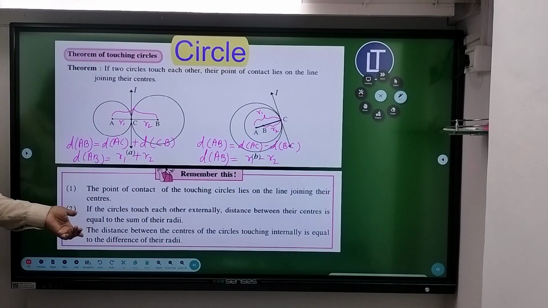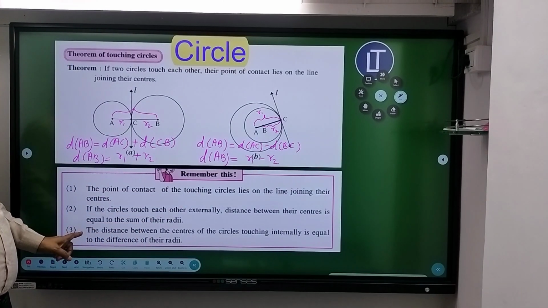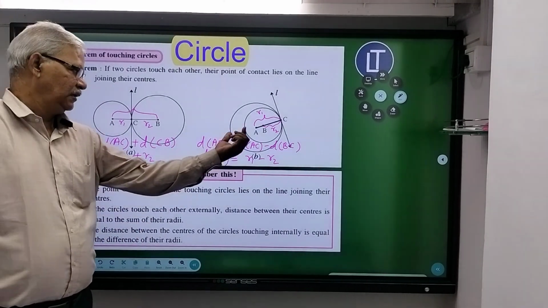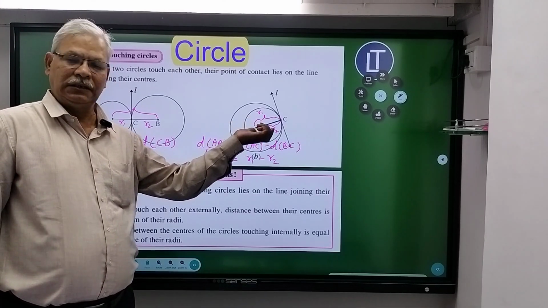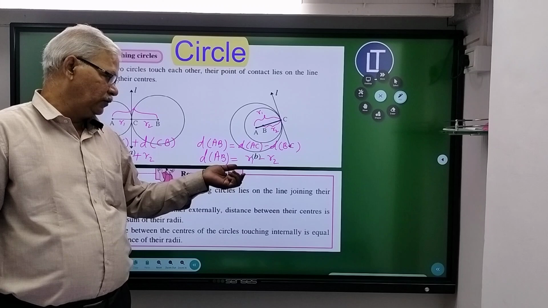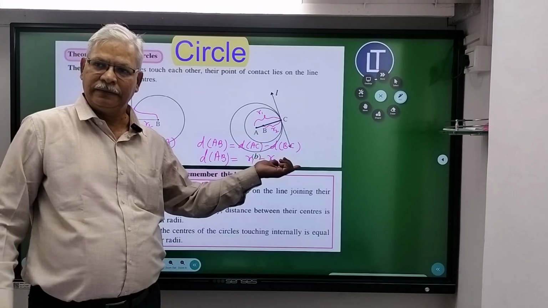Remember the third point: the distance between the two centers is equal to the difference of the radii.